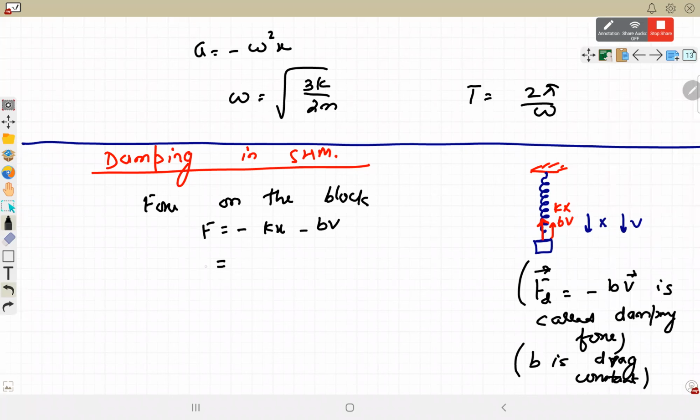If it is a liquid, then b will become 6 pi eta r v.